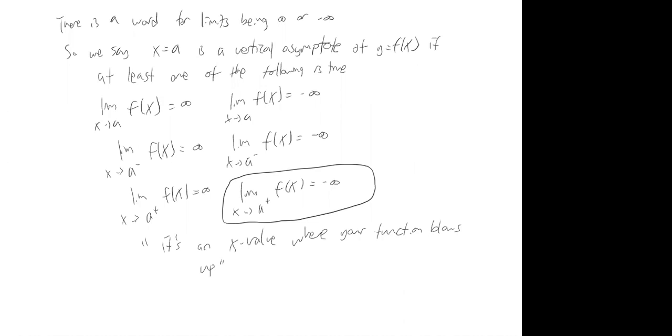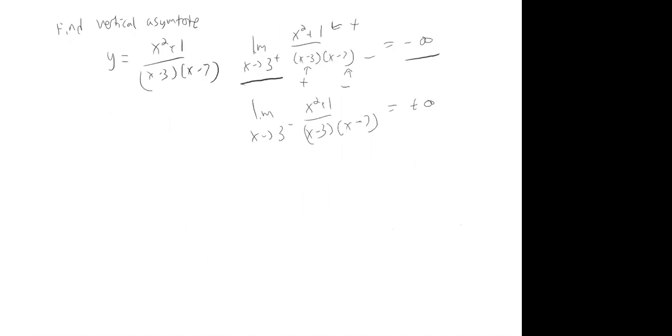You don't need to check all of these, you just need to check one of them. Remember, it's at least one. So once you have one, you get that x equals 3 is a vertical asymptote. And similarly, x equals 7 is a vertical asymptote.